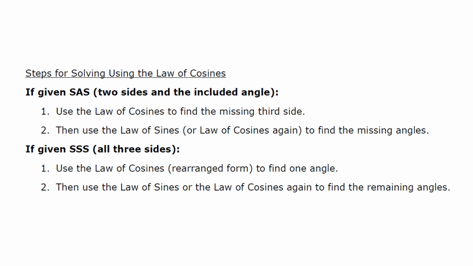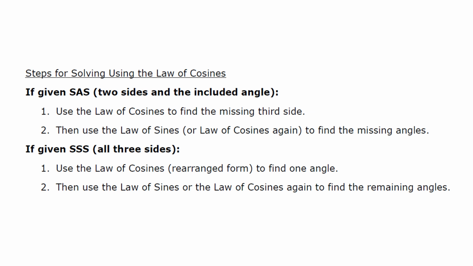If given SAS, which is two sides and the included angle, an angle between those two sides, we are going to use the law of cosines to find the missing third side. Then we'll use the law of sines or law of cosines again, if we prefer, to find the missing angles.